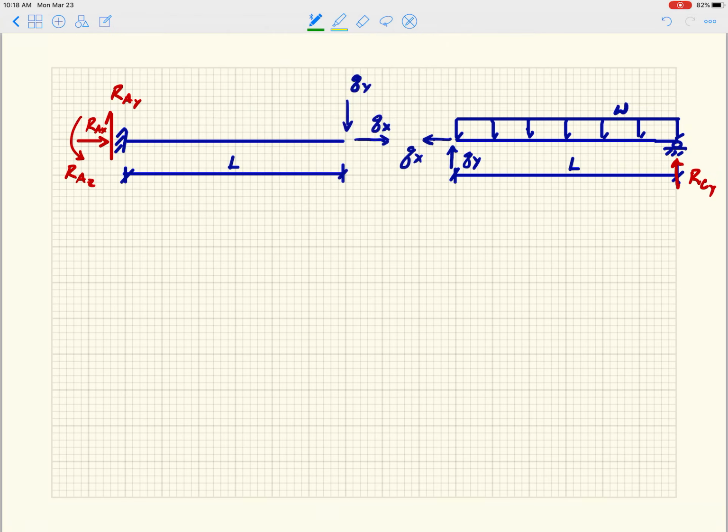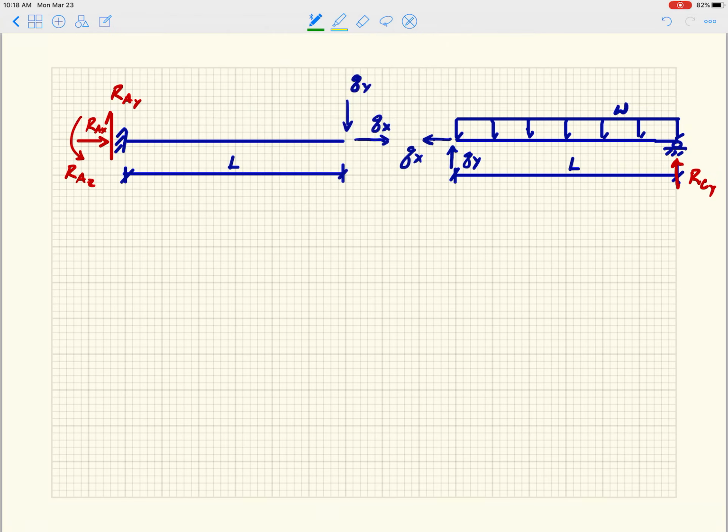If I look at the structure that's circled in green, I only have three unknowns: RCY, QY, and QX. So I can apply equilibrium and solve for QX and QY.